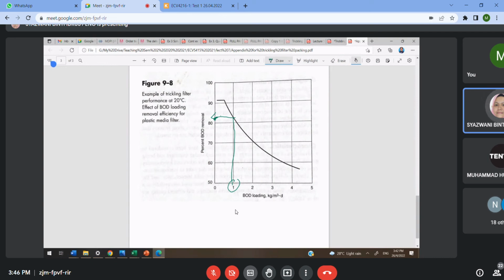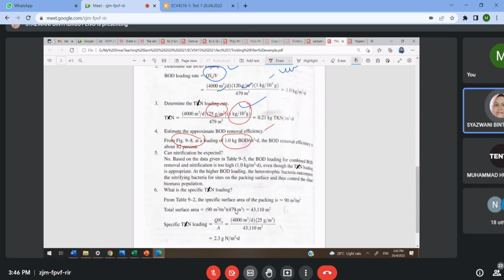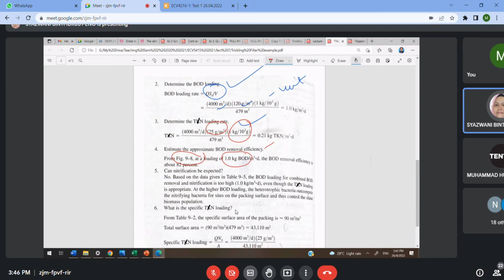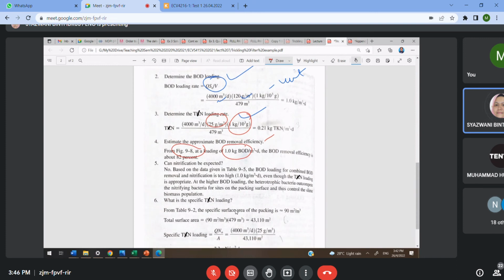The percentage of BOD removal is around 82%. That is how we find the BOD removal efficiency. You have to make sure that you calculate the correct BOD loading value. A wrong BOD loading value will give you the wrong value for question number 4, the BOD removal efficiency.